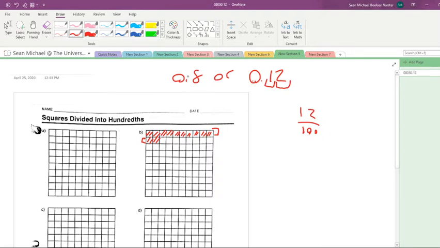Now, on the flip side, we have 0.8. And 0.8 means something different, right? That is talking about tenths. So this only shows the 10th column. So what this one's saying is 8 out of 10.